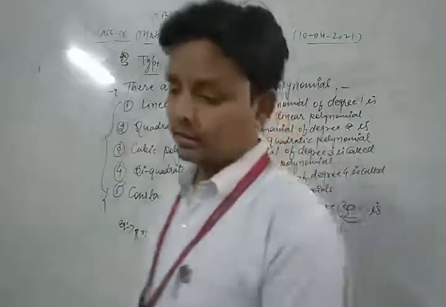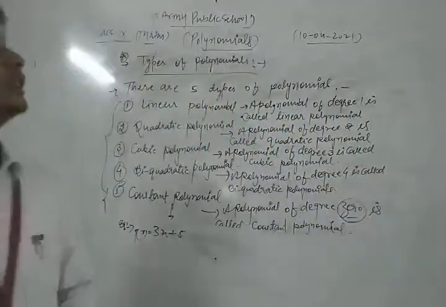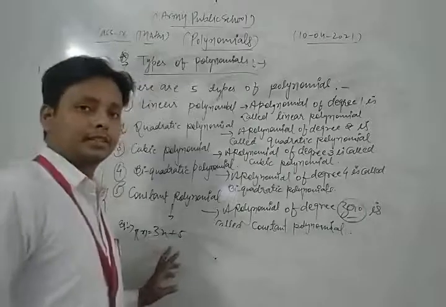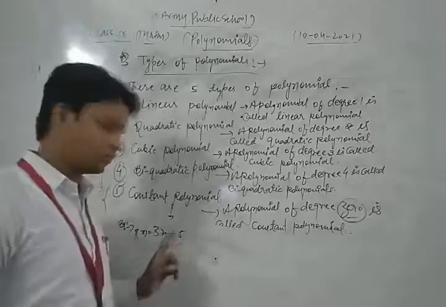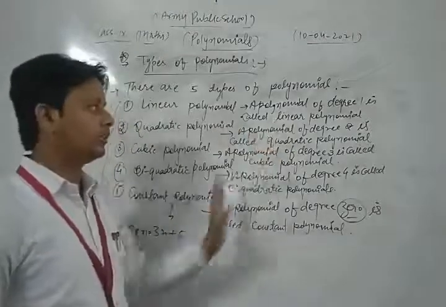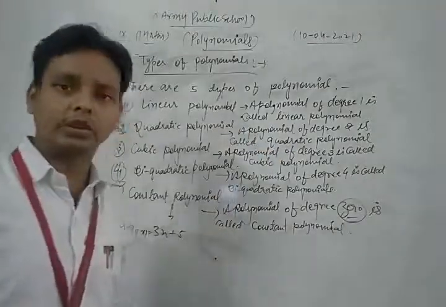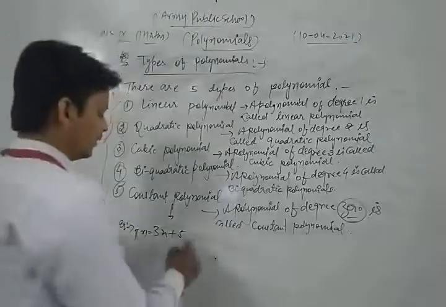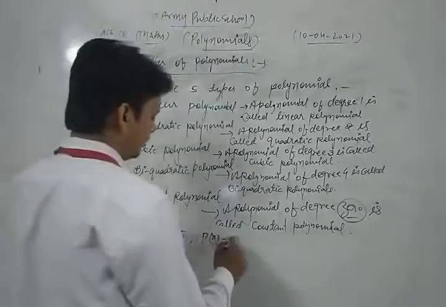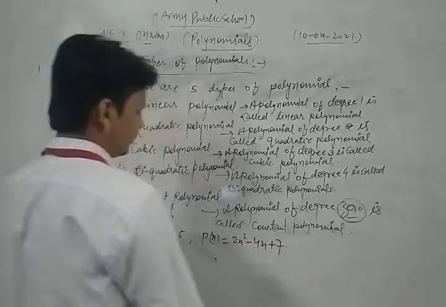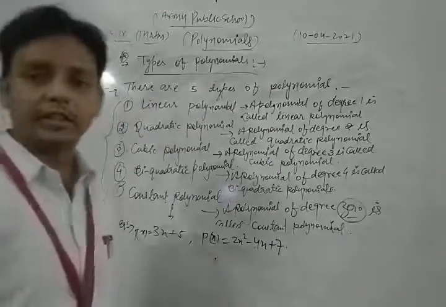Why is it called linear polynomial? Because the highest power of the variable x is 1. Degree is the highest power, so the highest power is 1, so it is called linear polynomial.